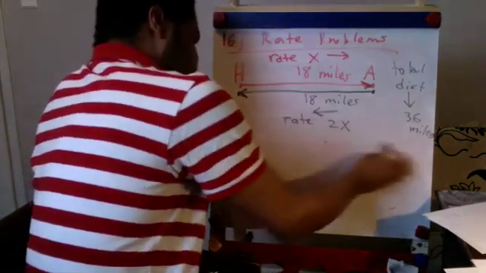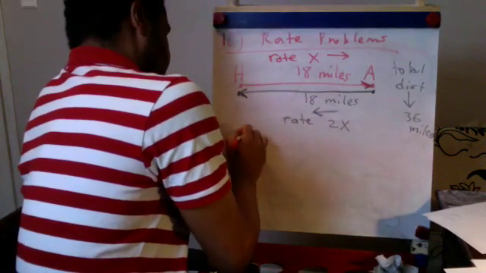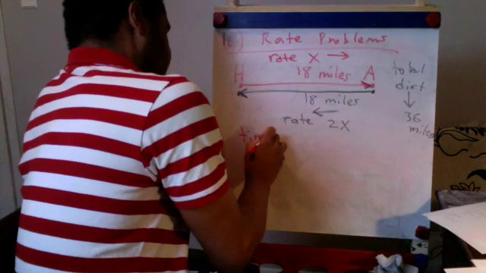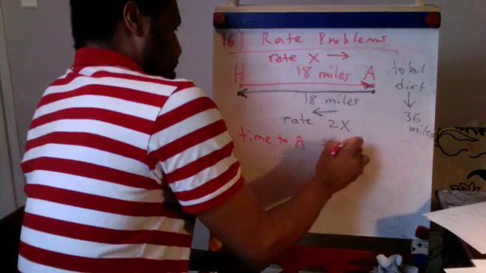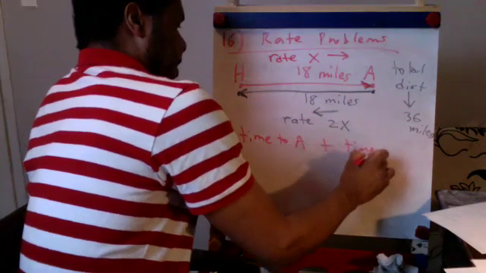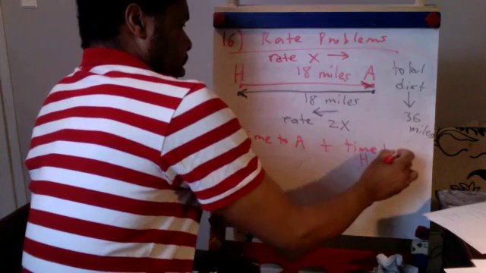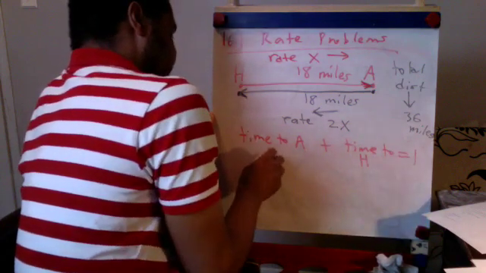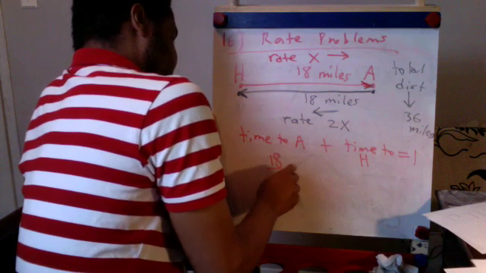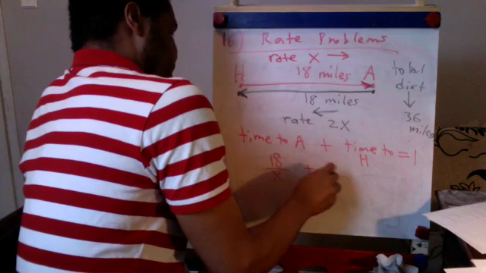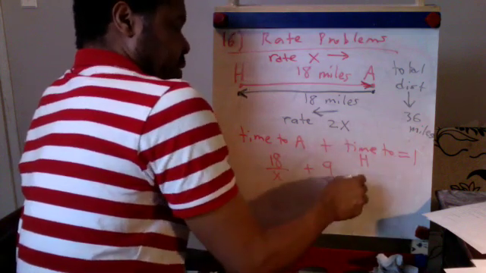So what we're going to have now is total time is 1 hour, which means time to airport plus time to home is equal to 1. Time to airport, we worked out to be 18 over x, plus time to home was 9 over x, which was from 18 over 2x.